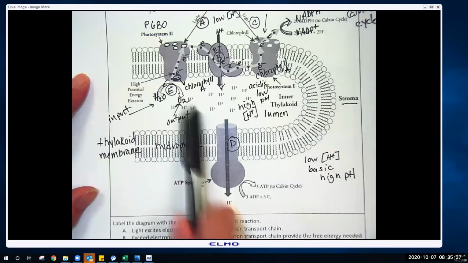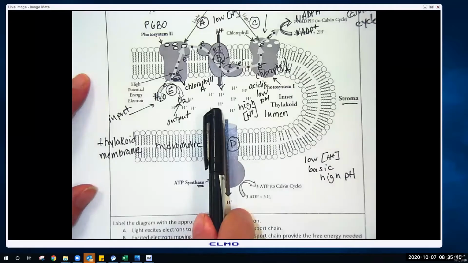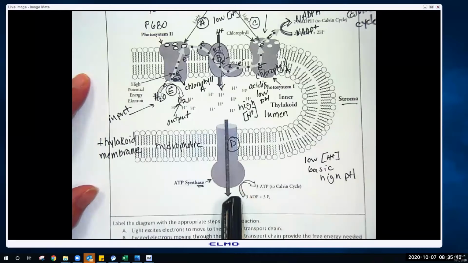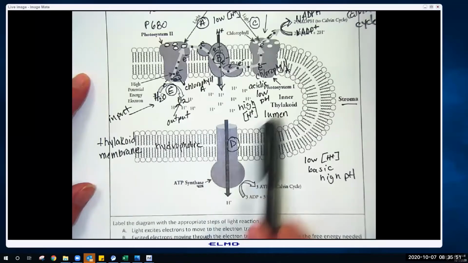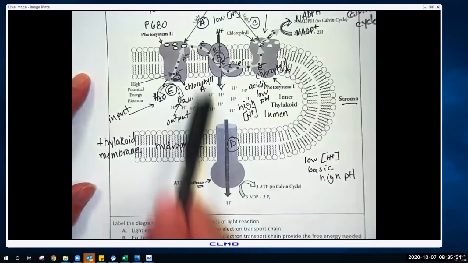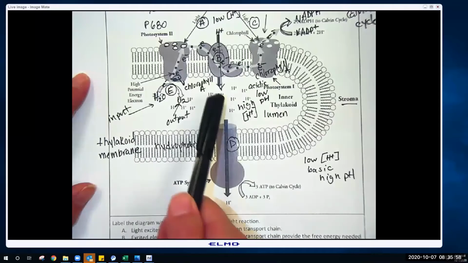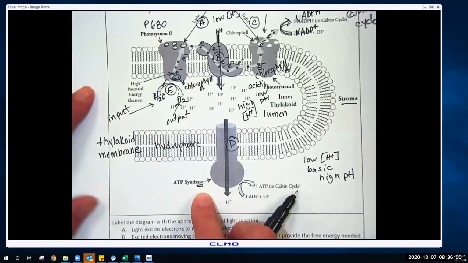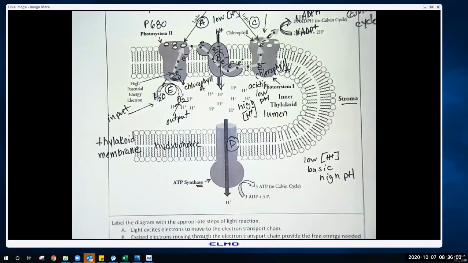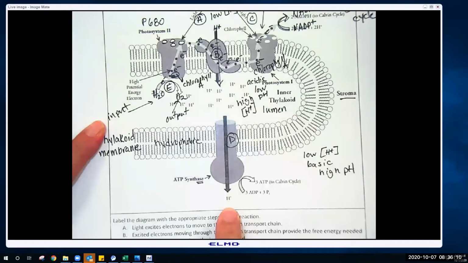These protons will move through ATP synthase, through this enzyme. That movement does not require any energy because we're moving from a high concentration to a low concentration. So it's moving by facilitated diffusion. But as those protons move through ATP synthase, there is a wheel inside that enzyme, and that wheel turns.